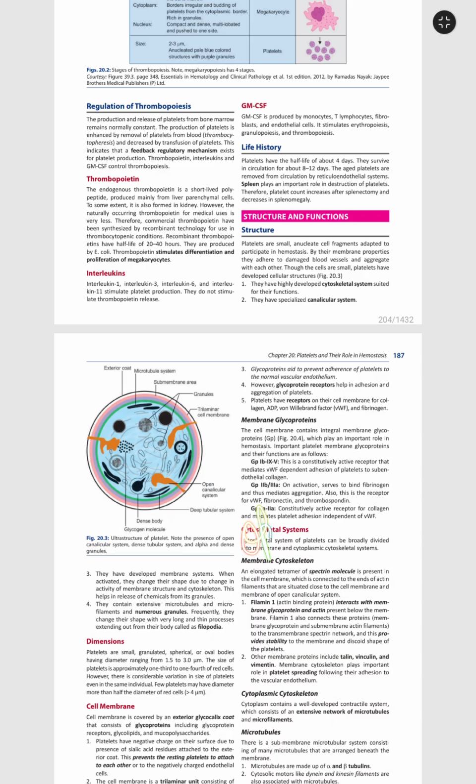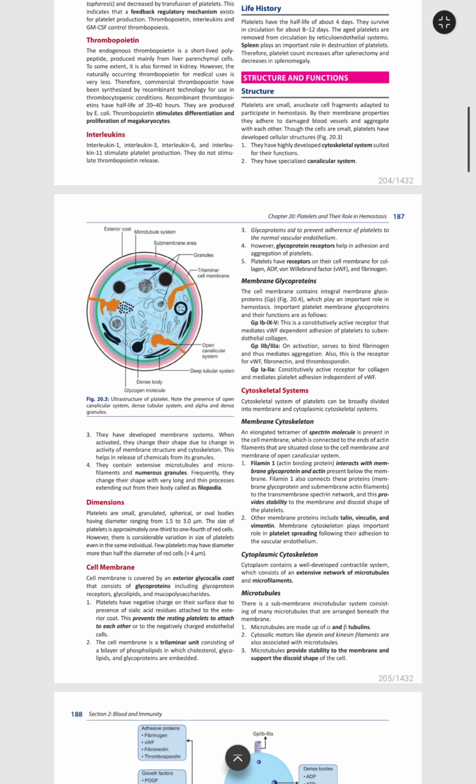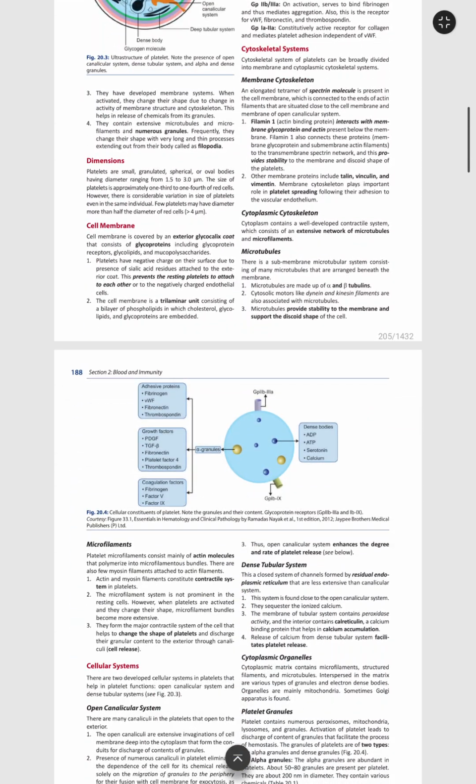So, open canalicular system and deep tubular system, dense bodies, glycogen molecules, granules: alpha granules, dense granules, lysosomes, glycogen molecules, right? So cellular content, let's say dense bodies, alpha granules, and lysosomes.